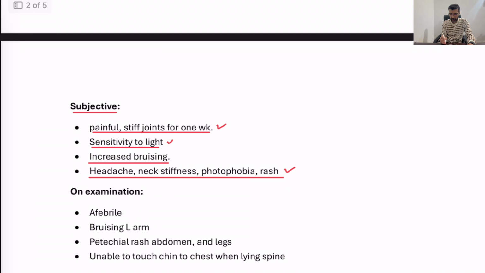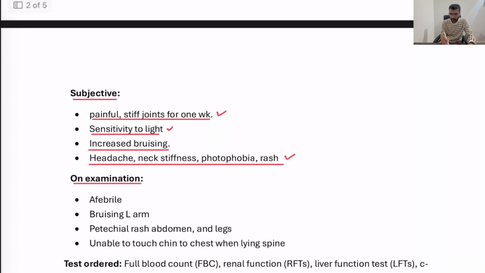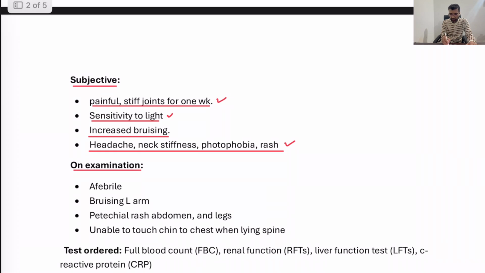Then on examination, what happened? We found that the patient was afebrile. We can include this, but we can omit it, because this is not a significant finding. If the patient was febrile, then it would be significant. Bruising on the left arm, important.